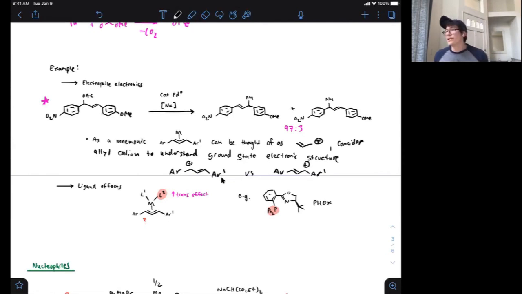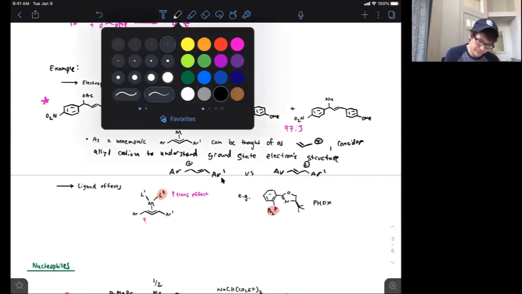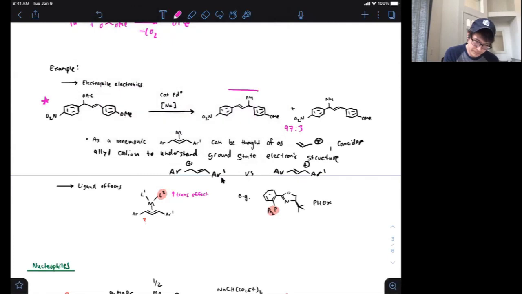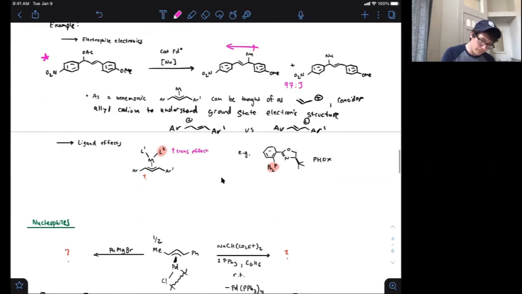Another way to think about this is the dipole generated during the transition state, where you're getting electrons flowing from the organic fragment to the metal, and how that would align with the preferred dipole of the aryl groups.